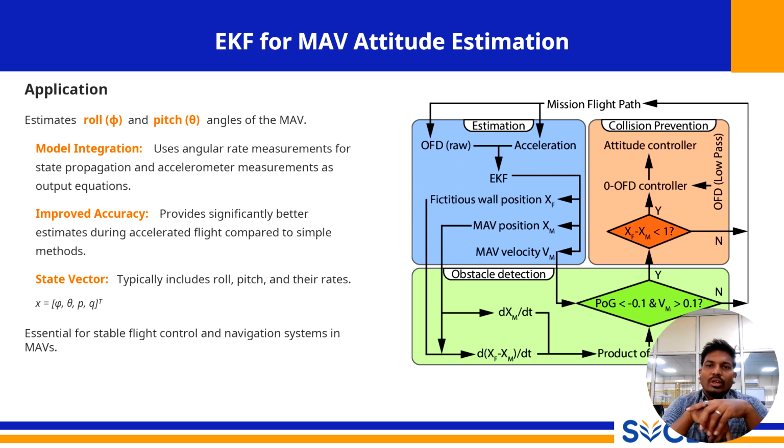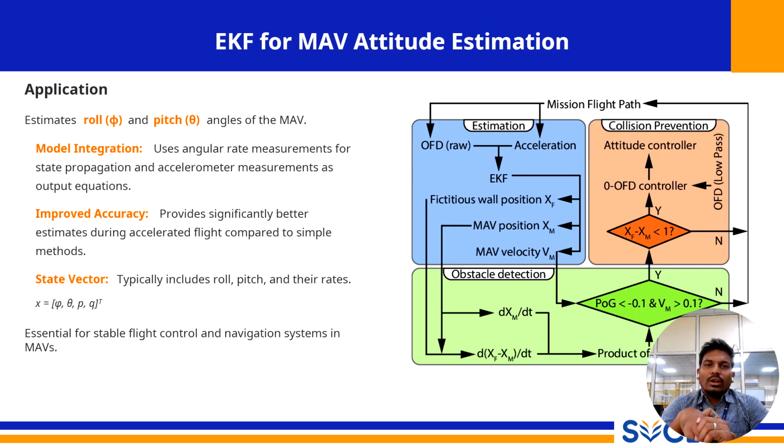The primary application of this specific EKF is that it estimates the roll and pitch angle of the MAV. While some observers also estimate yaw, the core task of stability is getting a fast and accurate reading of the roll and pitch angle.